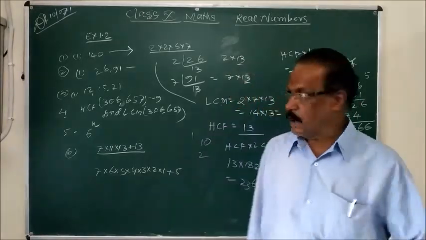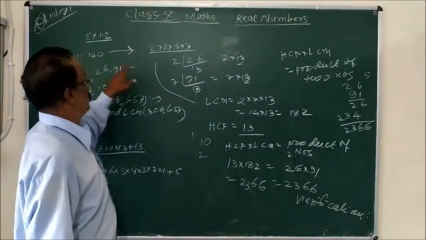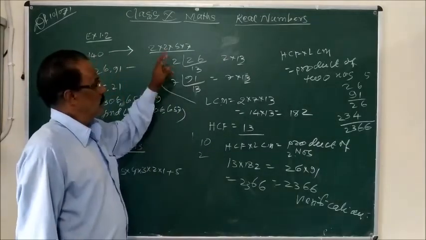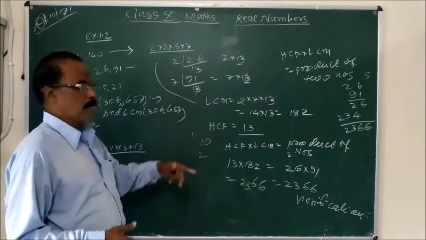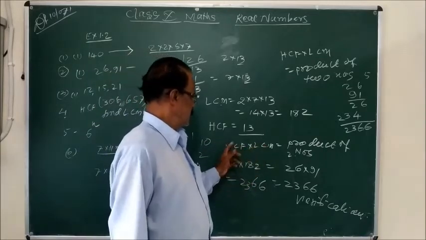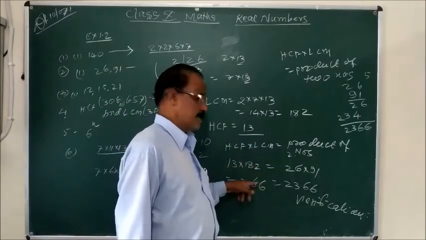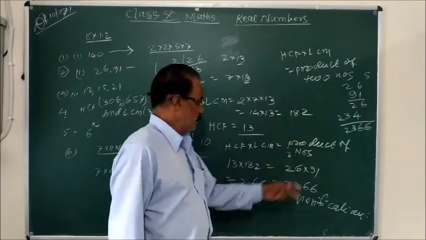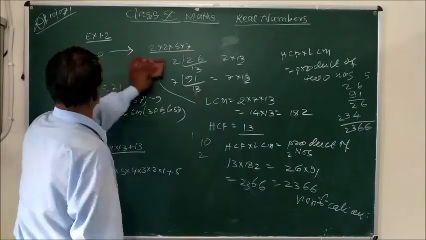So in question number 2, you have to find the HCF and LCM by prime factorization, and then in the second part, you have to verify this rule, HCF into LCM. Here we observe the product of HCF and LCM is 2366, and the product of the numbers is also 2366. So this is the verification.